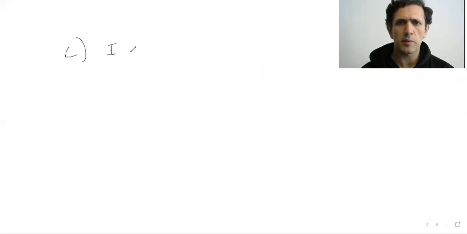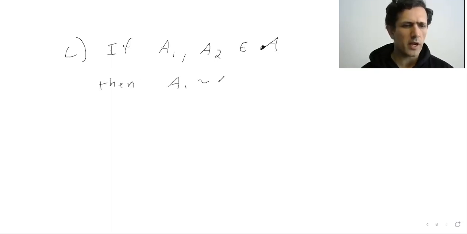Maybe I'm being a little redundant here, but just to make sure we're clear: if I have any two sets in my collection script A, then that means A1 take away A2 is also in script A.